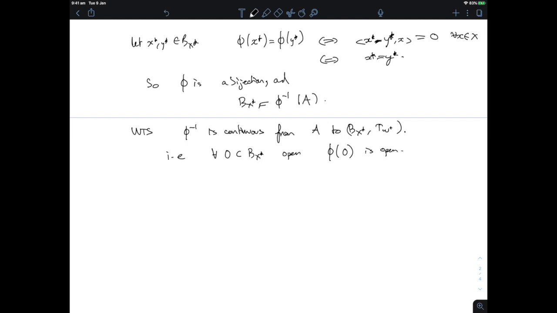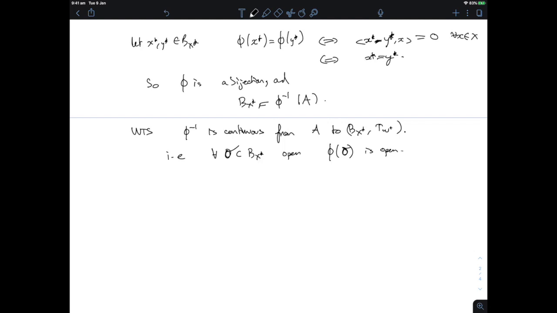And of course, you only have to do that for neighborhoods because they generate the topology. So if you send any set that generates the topology to an open set, then your inverse, sorry, is a continuous map.